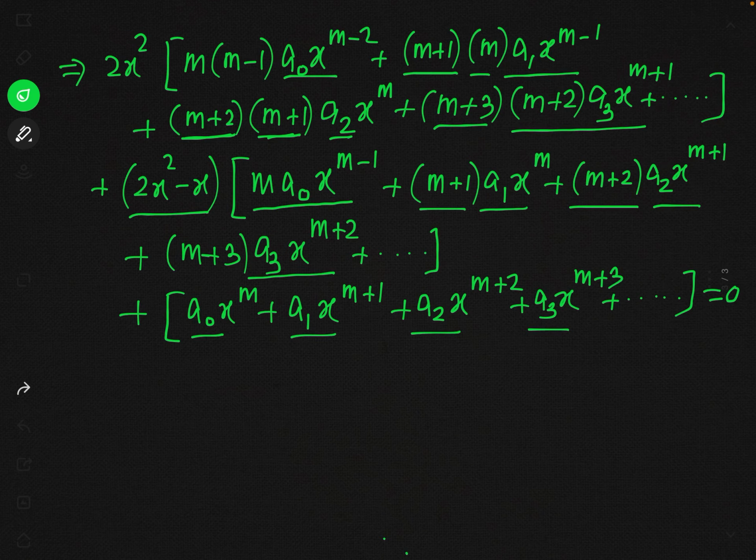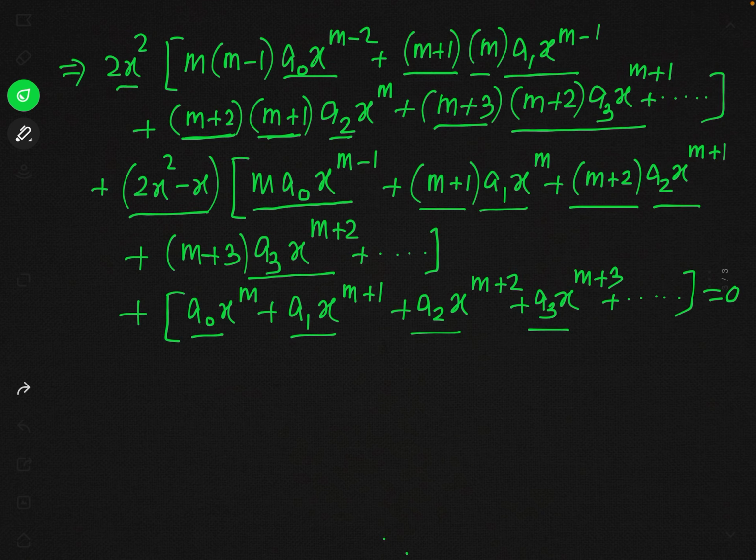Now after this, I have told you in the instruction that first of all, we equate to 0 the coefficient of the lowest power of x, that is x to the power m. Look at this series carefully. When in the first term we multiply by this x squared to the different terms, in the first term x to the power m will be there, because 2 and 2 will cancel.